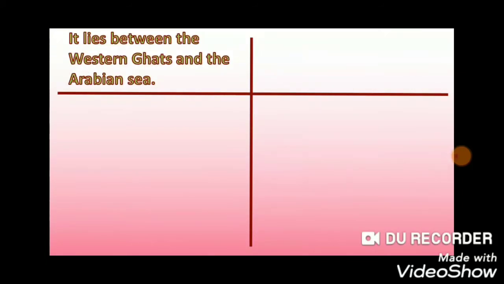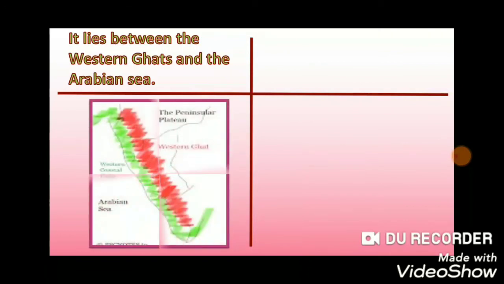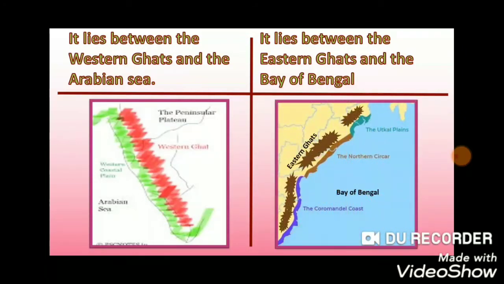Now we can learn through this table. Point 1. It lies between the Western Ghats and the Arabian Sea. East coastal plains lies between the Eastern Ghats and the Bay of Bengal.